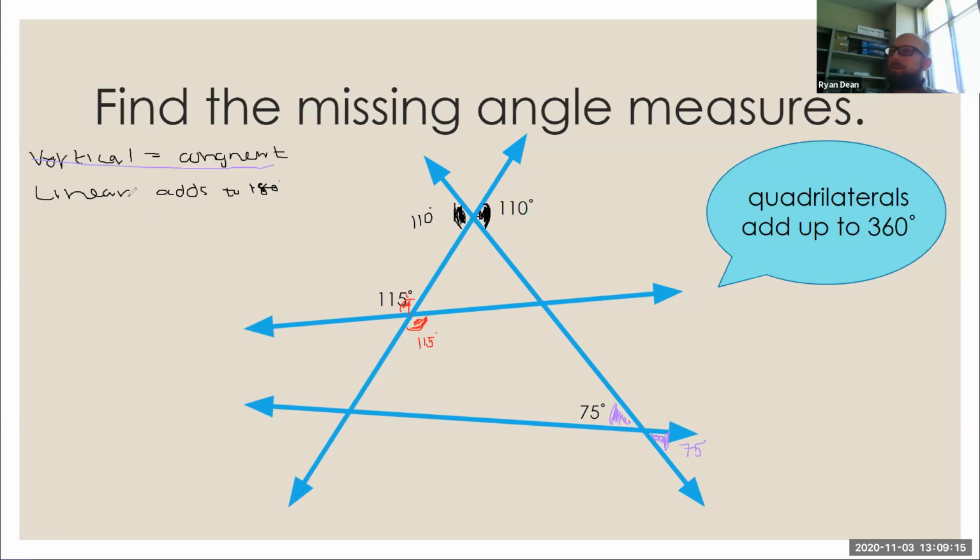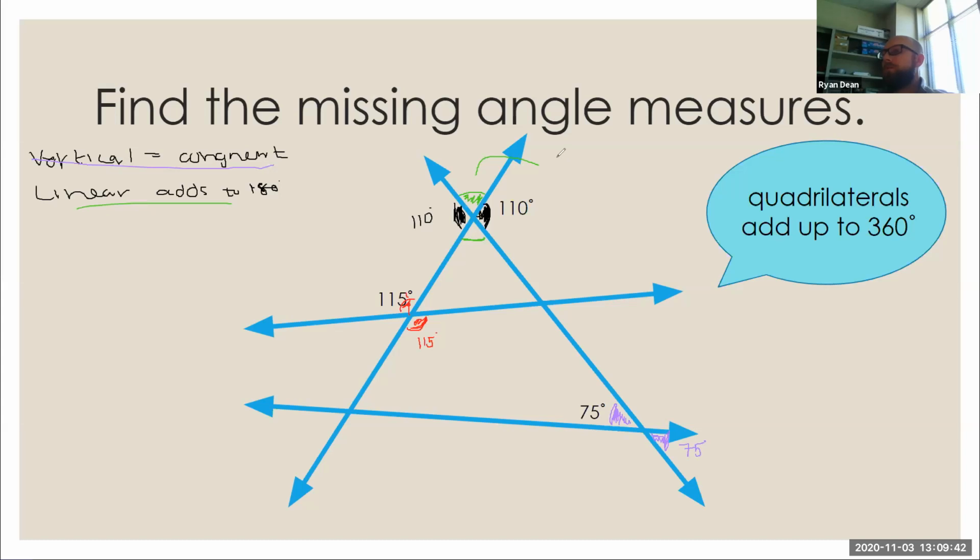Now let's move on to linear pairs. If I'm going to do this angle in green right here, or this one on the bottom, they're both the same because they're across from each other. To figure out this angle in green, I need to set up an equation that adds up to 180 degrees.